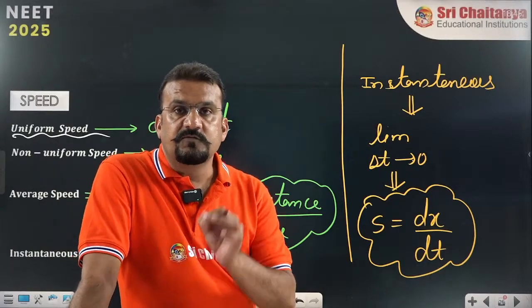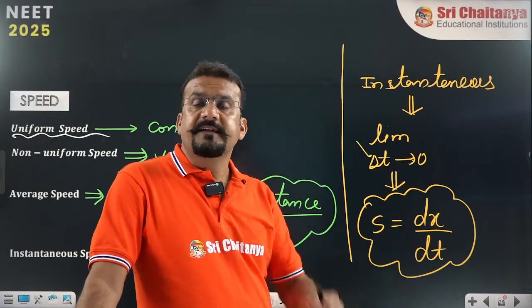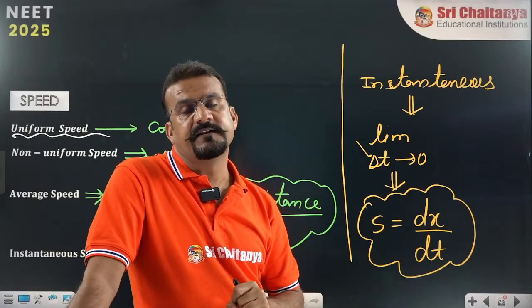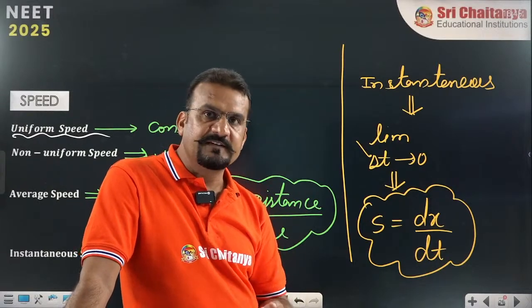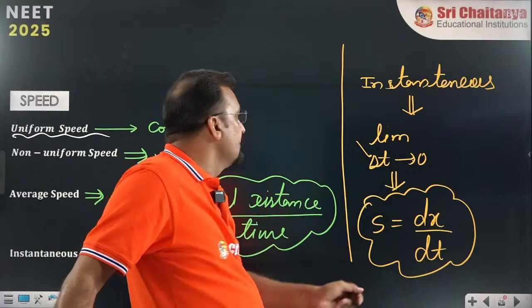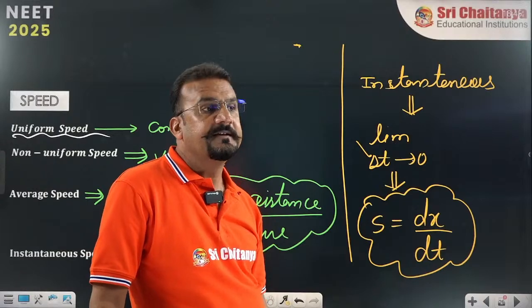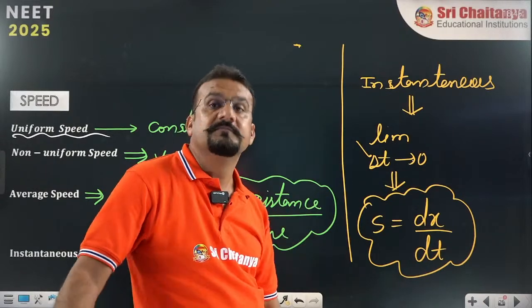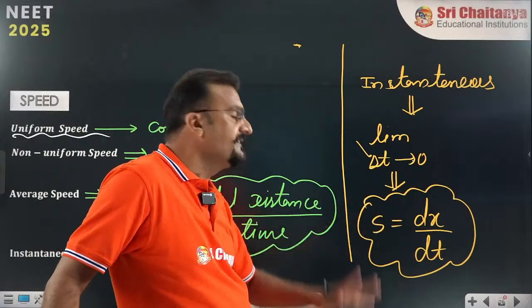The reason is that, students, for a small time interval delta t tends to 0, there is no change in distance and displacement as far as magnitude is concerned. Obviously, because time is very small, there is no difference between the distance and the displacement. That's why we can call distance and displacement equal for this limiting case.